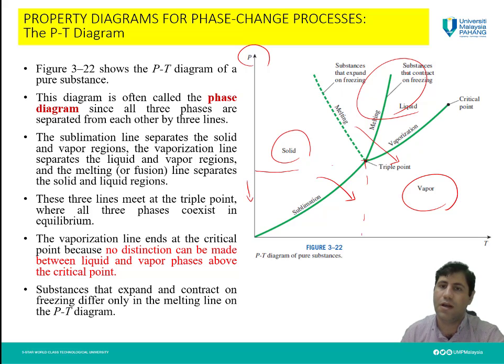This one is for substances that contract on freezing, where the volume decreases on freezing, and this line is for substances that expand on freezing. When they freeze in this direction, their physical volume will increase, like water.